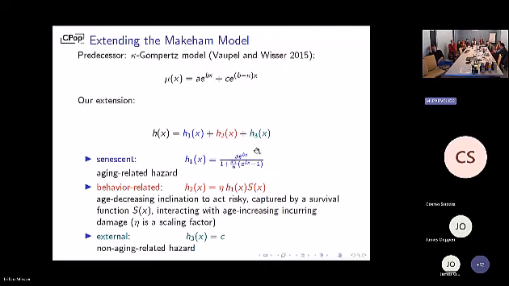So it also incorporates this exponential option. And then, well, this one is the Makeham term. We call it just vaguely the non-aging related hazard. So it's a general background hazard that can happen to you. So if there is a tsunami or some accident, you are unintentionally involved. This is just a general risk from nowhere.